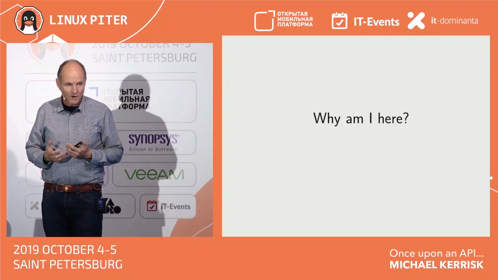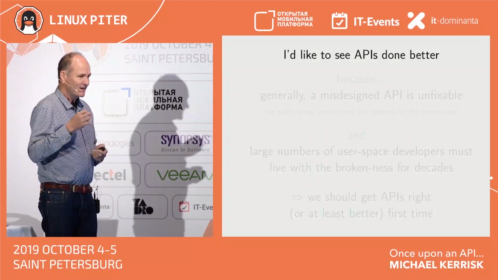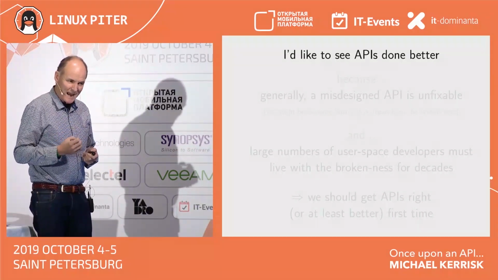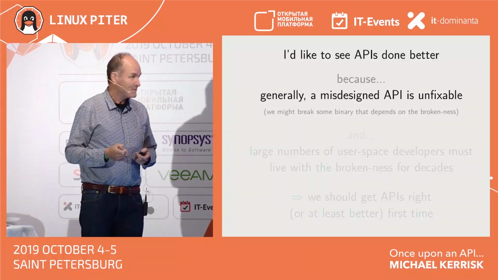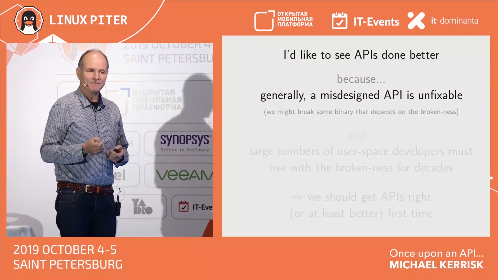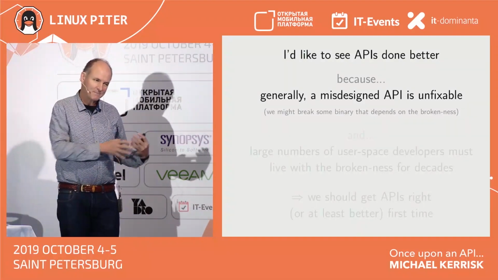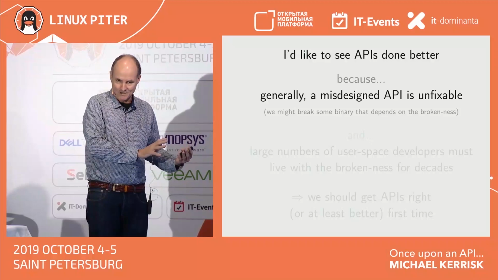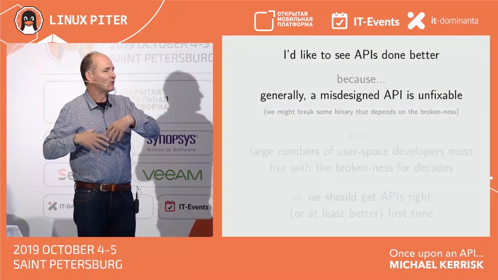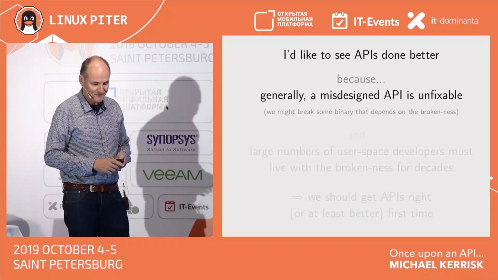And why am I standing here? It's because I'd like to see us do APIs better. The problem with misdesigned APIs is that they're usually unfixable, because if we try to fix an API that people are already using, we probably break it for other people who depend on the brokenness.